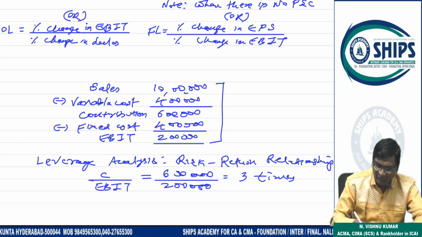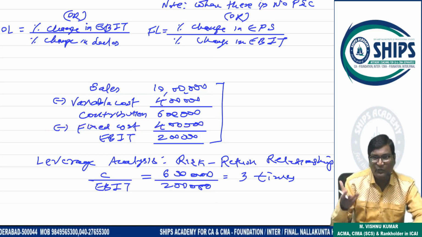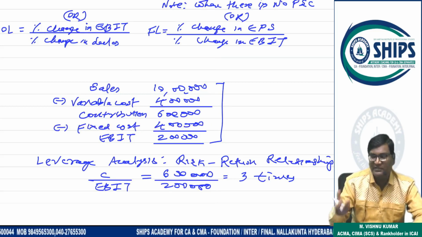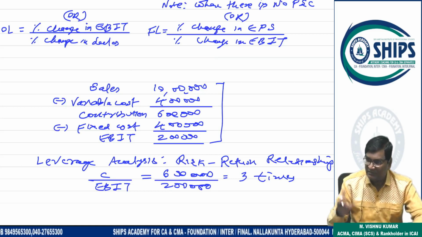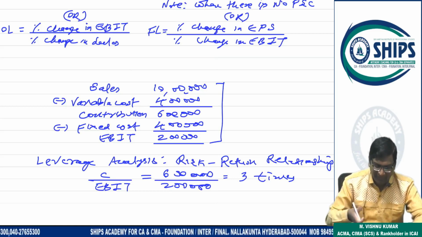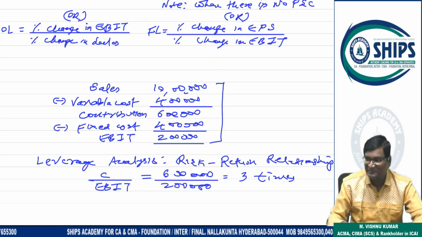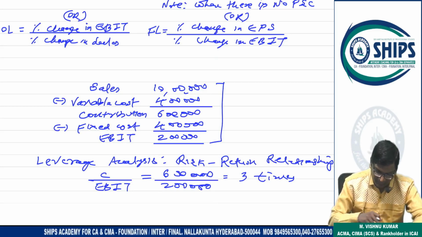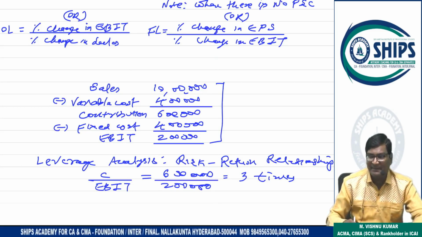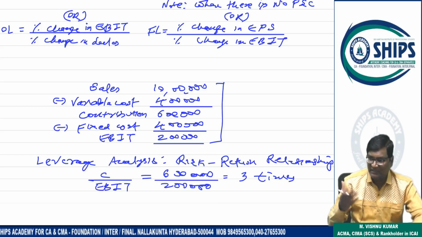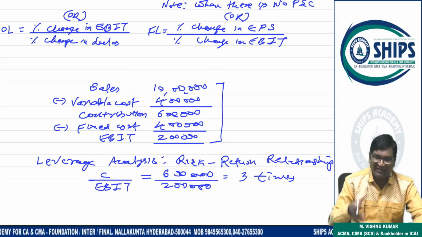So if there is no fixed cost, is operating leverage calculation required? No. Because there is no risk. Risk ही नहीं है तो तुम calculate क्या करेंगे फिर वहां? So if there is a fixed cost only, operating leverage will take place. If there is no fixed cost, there is no risk. So operating leverage not required.